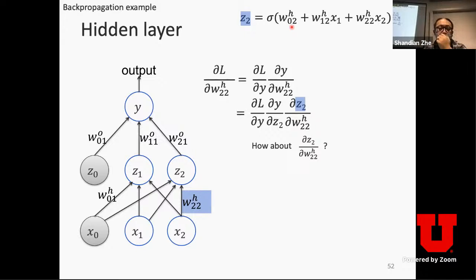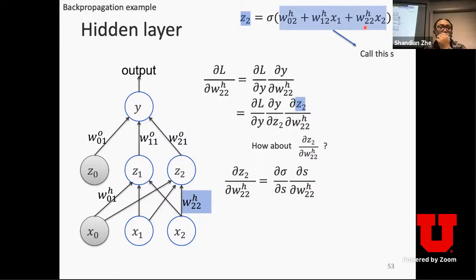So how do we compute the partial Z2 over partial W22H here? Again, we use the chain rule. If we treat the input of this activation function as a whole input variable, we call this some intermediate variable like S. Then partial Z2 over partial W22H is first the partial derivative with respect to S, and then partial S over partial W22H.